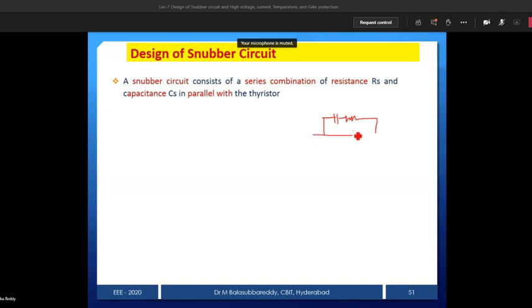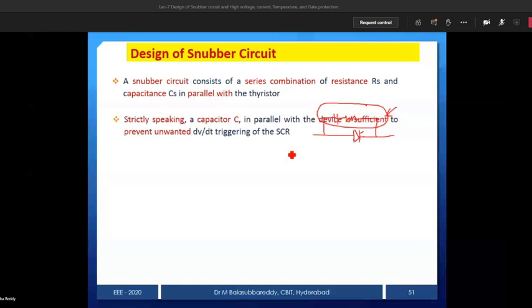If we connect it to protect against dv by dt triggering, we call it a snubber circuit. This portion we call a snubber, nothing different. We are just connecting a resistor and capacitor in series, and that set is connected in parallel with the device.